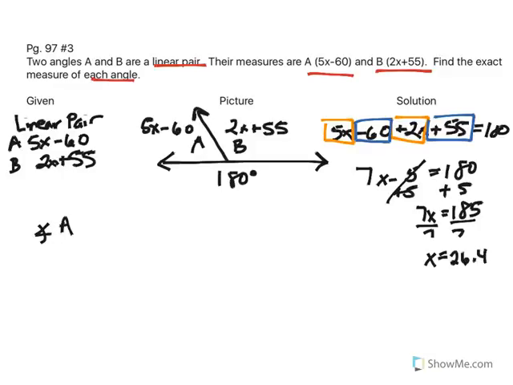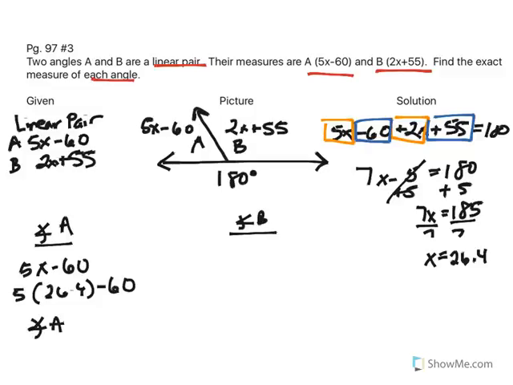Now let's solve for angle A and angle B. Angle A is 5x minus 60. And then for angle B, B is 2x plus 55.